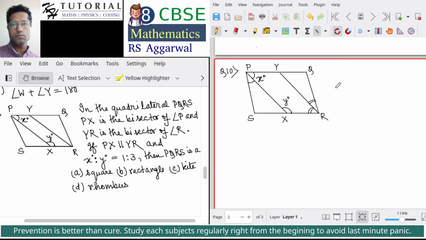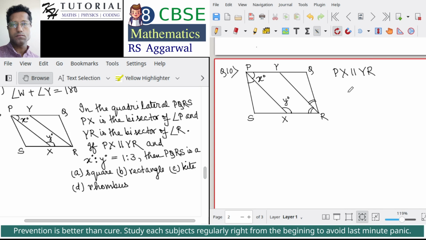Then we have to check whether the quadrilateral PQRS is a square or rectangle or kite or a rhombus. Also it was given that PX is parallel to YR, and I was not able to solve this problem. If you have already solved this problem, then it's fine.